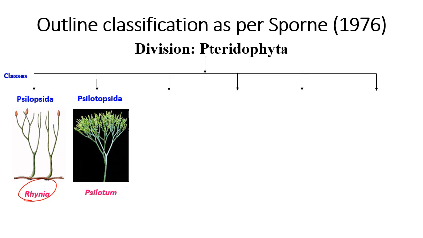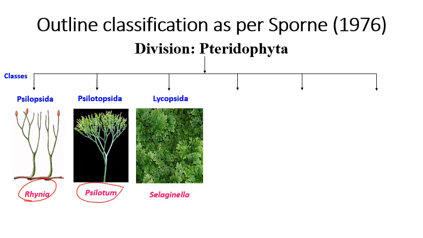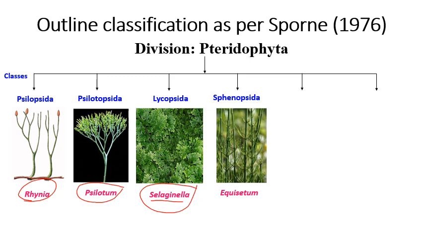Class number 2 is Psilotopsida, and the representative of this class is Psilotum. Class number 3 is Lycopsida, and the representative is Selaginella, and we are going to study the life cycle of this plant. Class number 4 is Sphenopsida, and the representative is Equisetum.